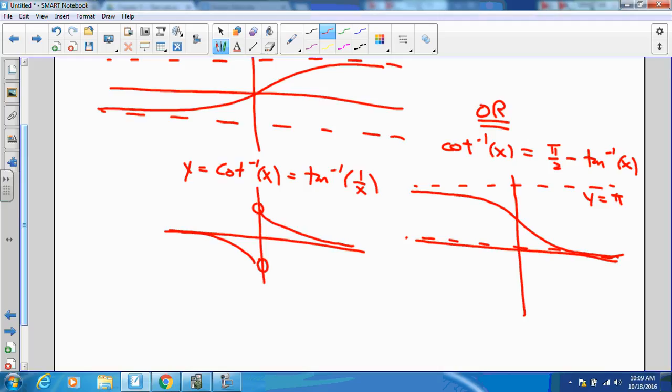So, I call the inverse cotangent the ugly stepchild because it has this sort of ambiguity about its branches. I can do this, or I can do this. Either way, its derivative is the same thing. dy/dx for both of these branches will always be negative 1 over 1 plus x squared. Okay?